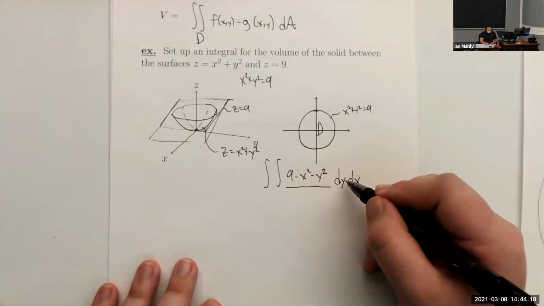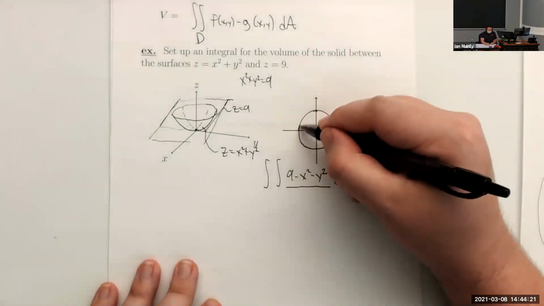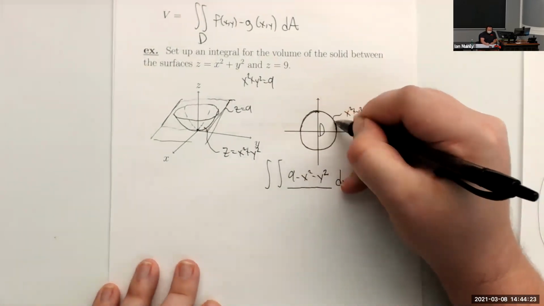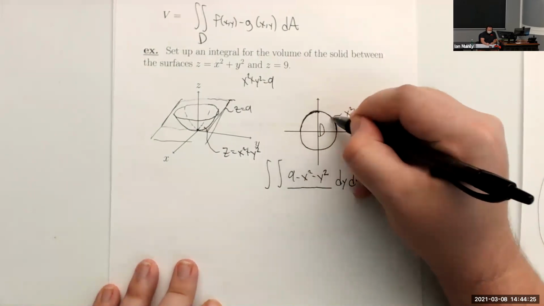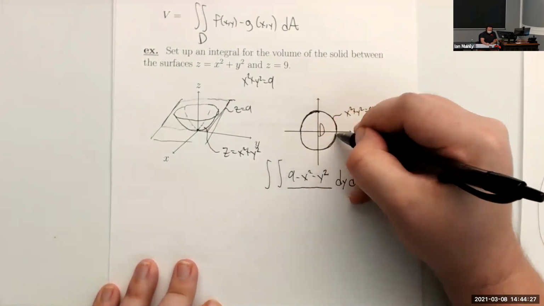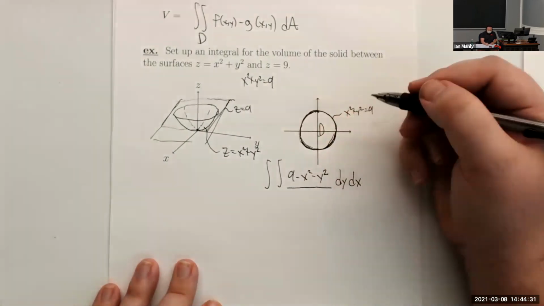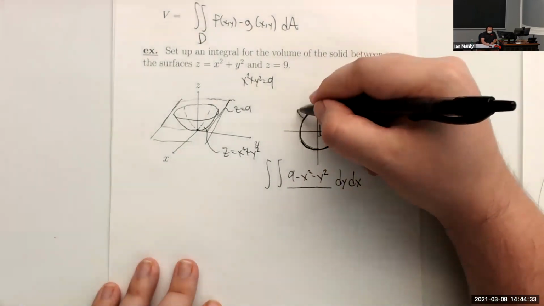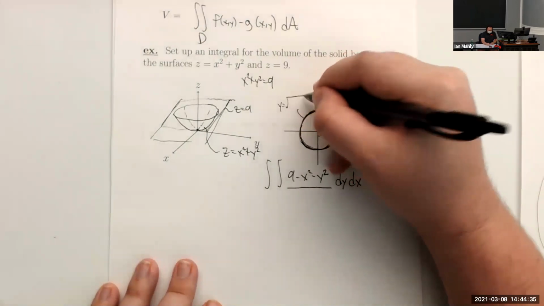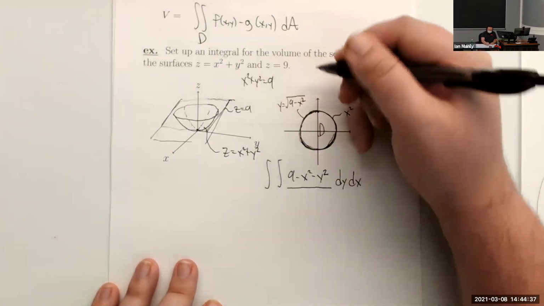All right, now we're going to do the y first. So we need to figure out what this is in terms of y, and then what this is in terms of y. So we're effectively just looking for the half circles here. The upper half circle is y is the square root of 9 minus x squared.